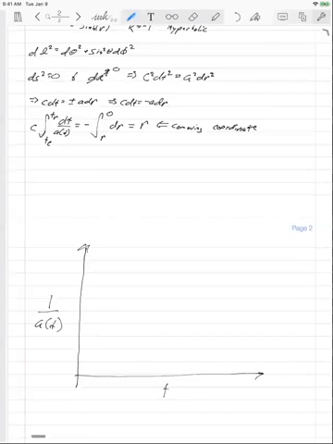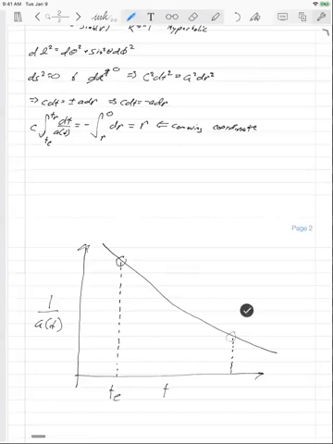So this 1 over a of t goes down with time, something like this. And we're doing an integral of this curve. And let's say this is t sub e, and then sometime later, this represents 1 over the scale of the universe when the photon was emitted, and this over here represents 1 over the scale of the universe when the photon is received.